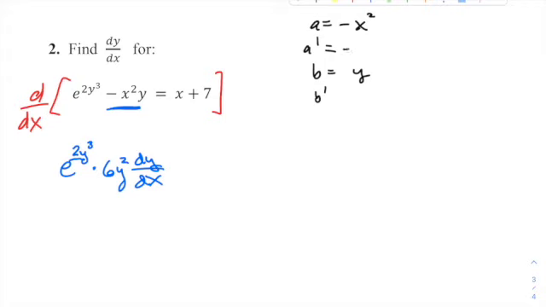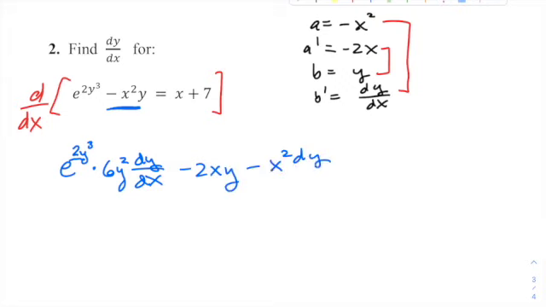So a prime is negative 2x and b prime is the derivative of y, and that is where you need implicit differentiation, because just at that step you're doing the derivative of something other than x. So now our inners plus outers are going to give me negative 2xy minus x squared dy dx. And again, maybe you don't need that whole little chart system to do that, and that's totally fine if you can go right to that.